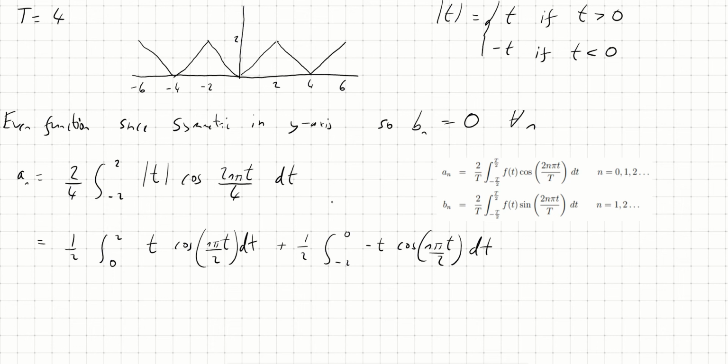And cos is an even function, so the one with the minus t and the negative values of t is going to be exactly the same as the one with the positive t and the positive values of t. So these two integrals are exactly the same. So this is the same as one lot of t cos n pi t over 2 dt.